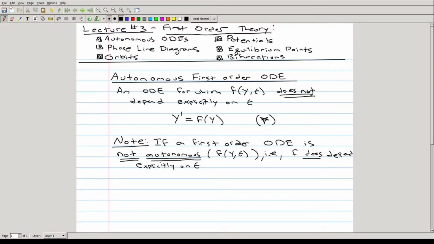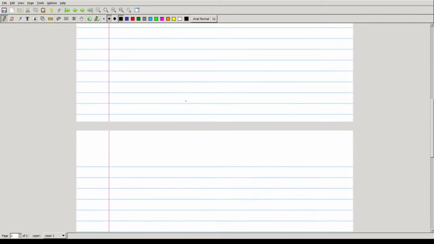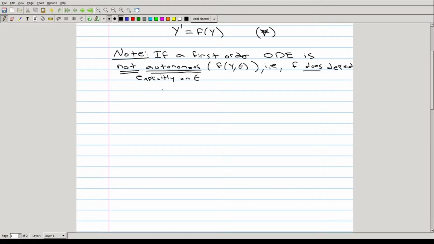We can actually define an autonomous system of differential equations, which is very, very cool, and we'll see many different applications of this in the future.